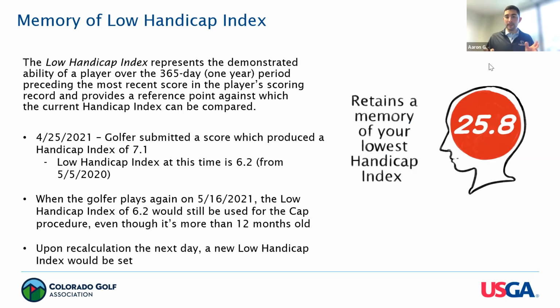So the key here is, in order for a score to update, there needs to be a score posted. And when a score is posted, that not only updates the handicap index, but it also updates the low handicap index as well. That's what I want you all to gain from this slide. So technically a low handicap index could be in place for longer than 365 days, depending on how often the golfer's playing.